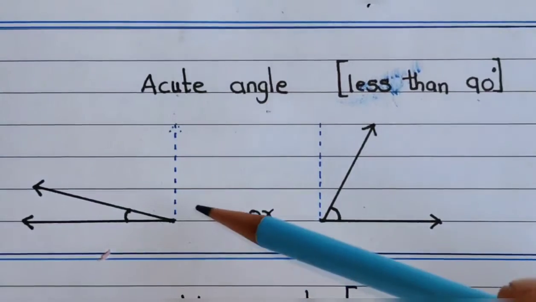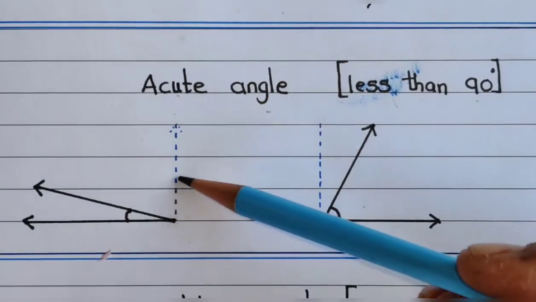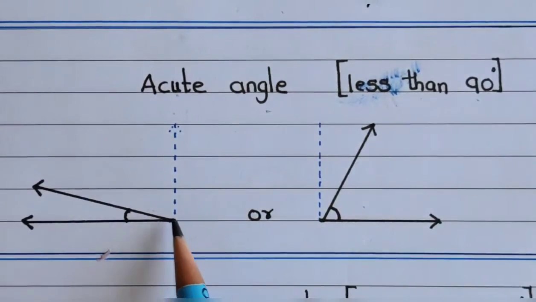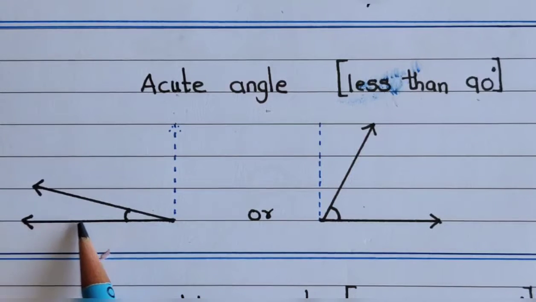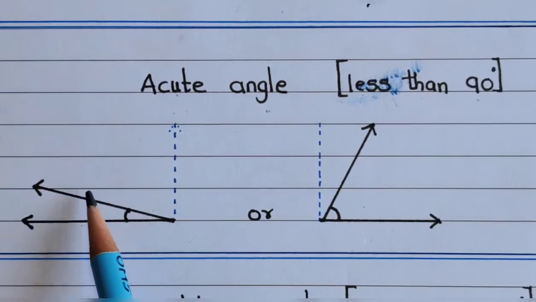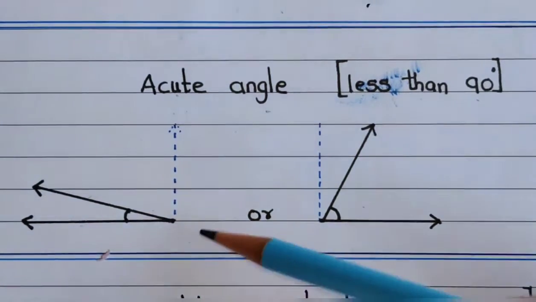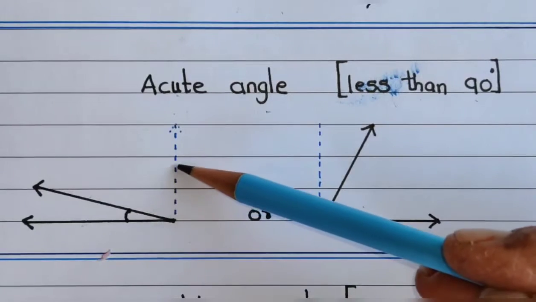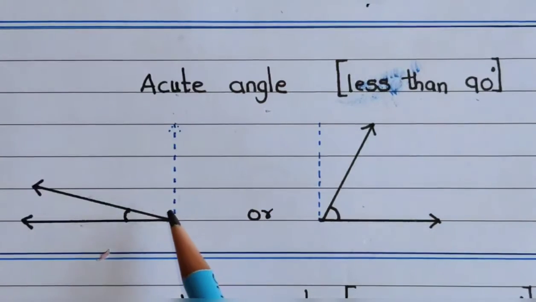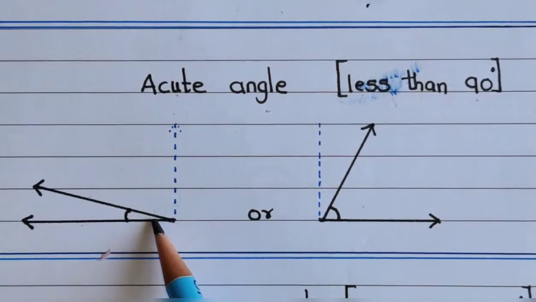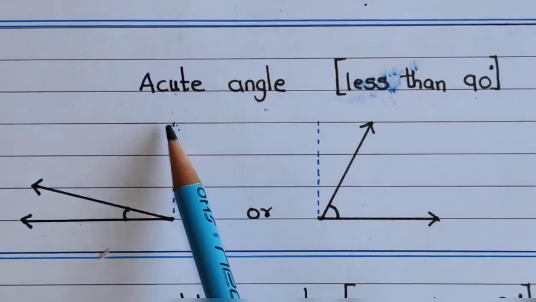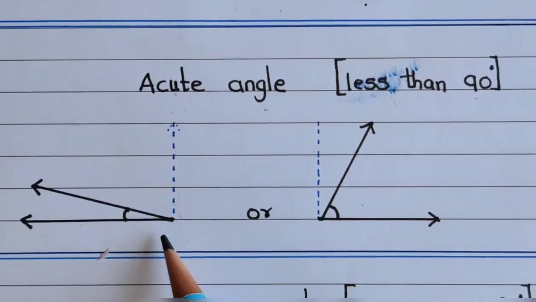For that you have to take an imaginary straight line with one of the arms of the given angle. So this is one arm and this is the second arm of the angle drawn. So I am taking this arm fixed, and this is an imaginary dotted line which is actually making a 90 degree, as you can see. If both are exactly straight, it is forming a 90-degree angle.